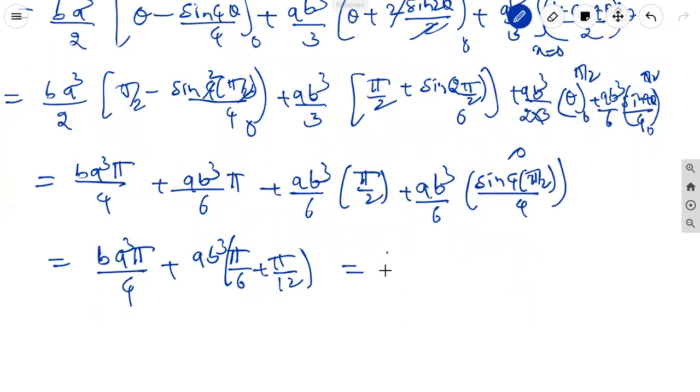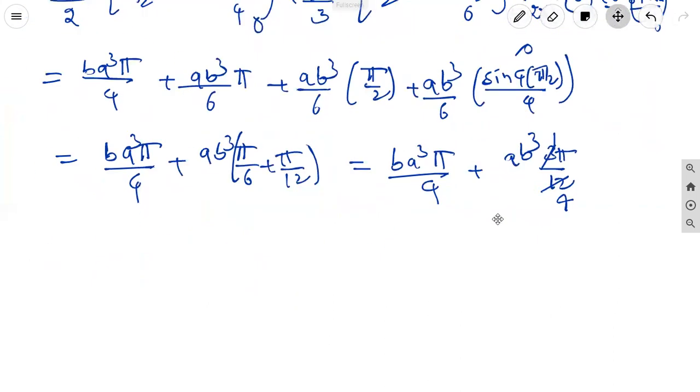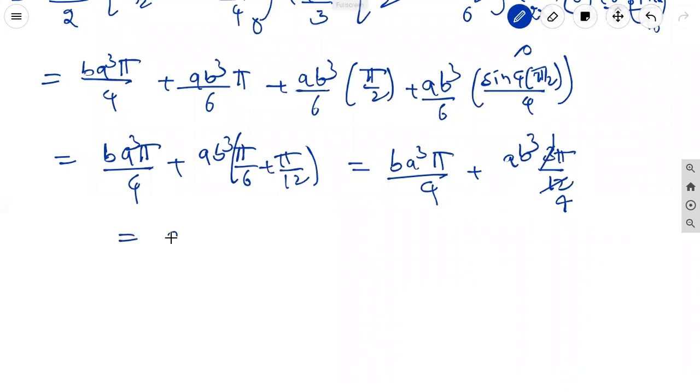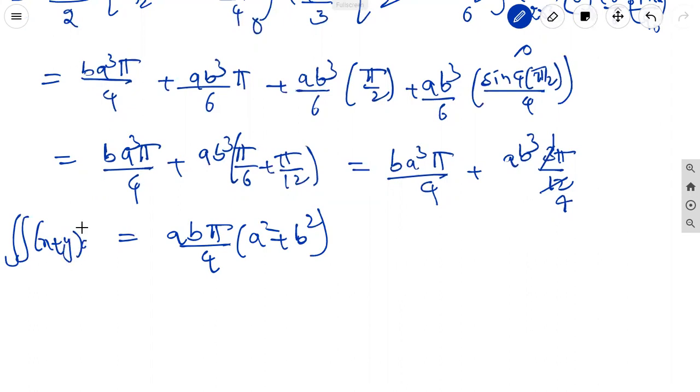It is equal to b a cube pi by 4 plus a b cube 3 pi by 12. 3 ones are 3, 3 fours are 12. Equal to a b pi by 4 into a square plus b square. This is the double integral of (x plus y) whole square dx dy. This is the solution.